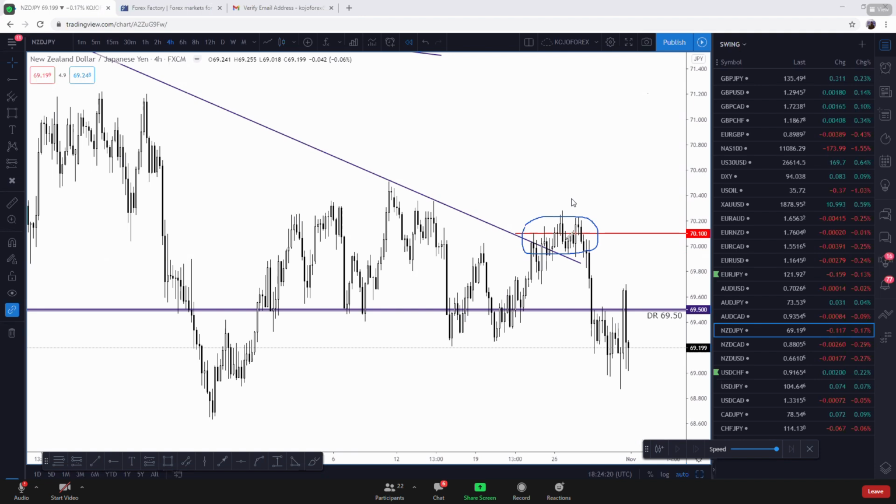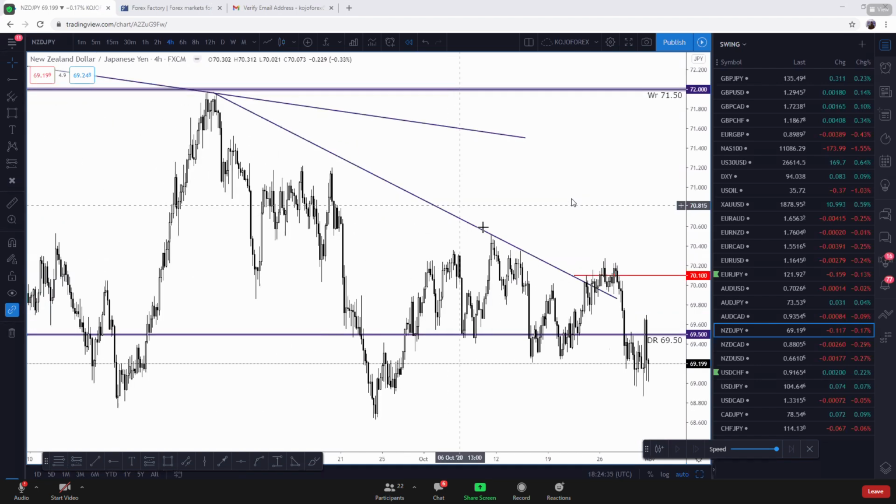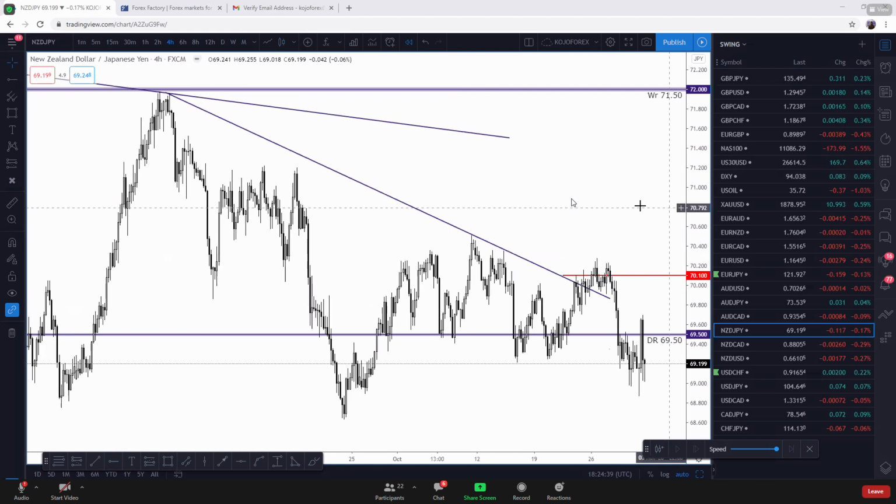So this is typically a chart that I would avoid, right? I'll show you when we talk about candlestick confirmations. And then I would want to wait and wait and wait for more clarity before I take any trade. You must also remember that there are so many currency pairs you are watching at a time. You're not trading just one or two.